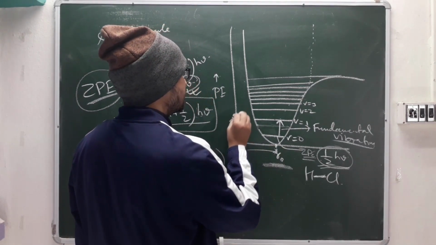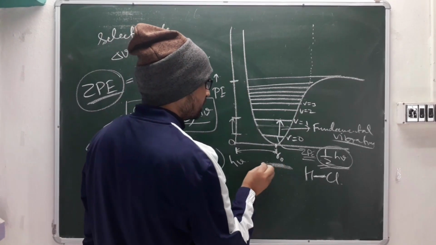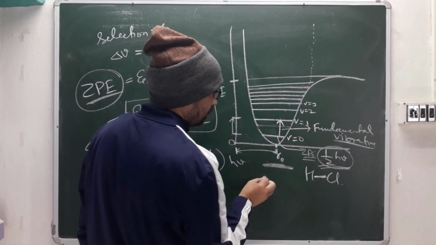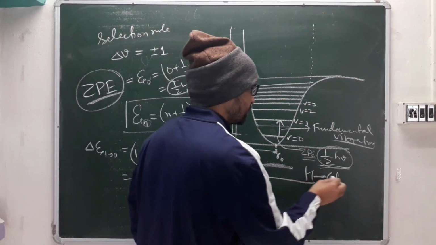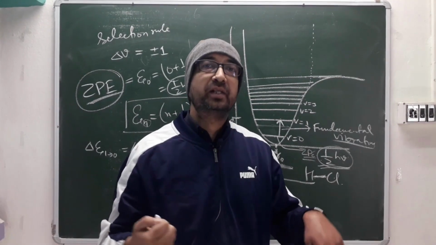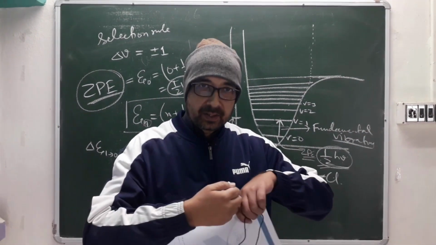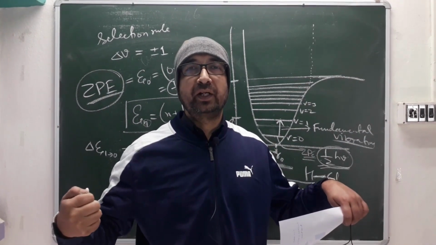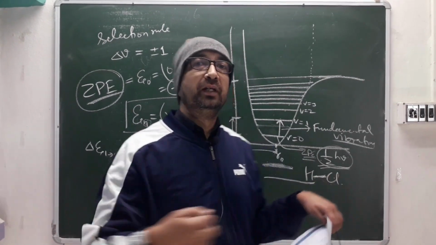Again you increase the energy, and once you reach this much energy, what is happening? This vibration is taking place, going far away between hydrogen and chlorine in HCl, until the bond can hold only that much energy. If you are giving more than that energy, what will happen? That bond itself will break. It won't have that much capacity to hold this energy.